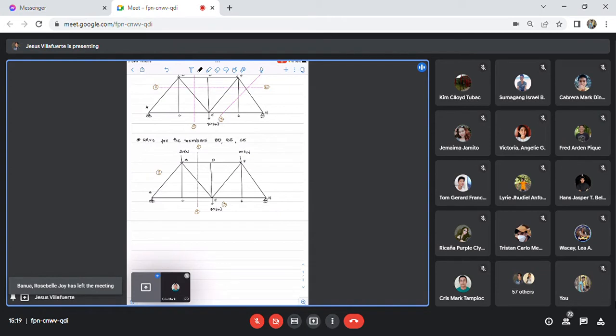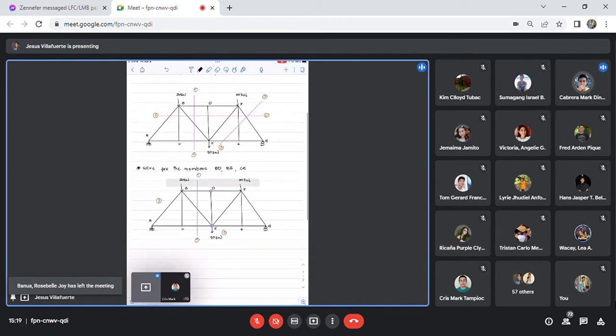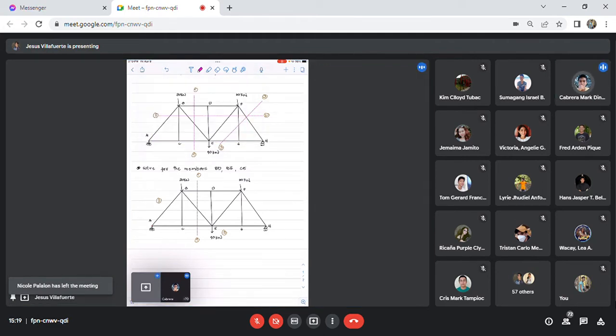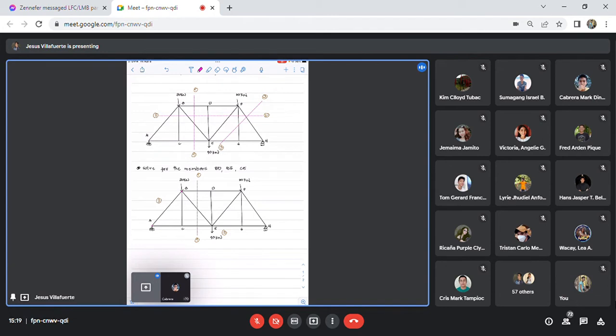What conclusions can we make? The members relate to the opposite side, sir, they are equal to the opposite. Very good. So at point D and point E, the truss is separated. The member AB is equal to the member FH, and the member BE is equal to the member EF.